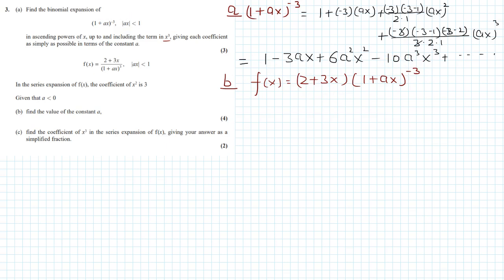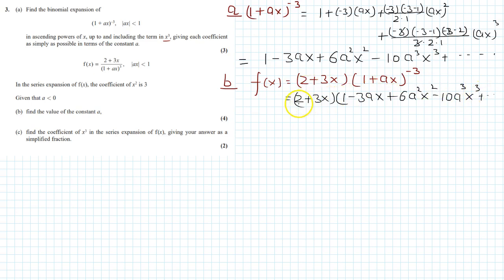So let's see what the expansion will be. This is 2 plus 3x. This expansion is already there, so this is 1 minus 3ax plus 6 a square x square minus 10 a cube x cube plus.